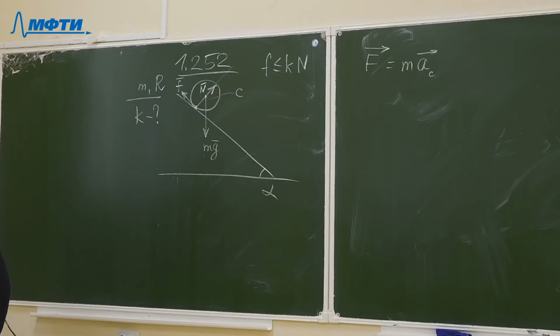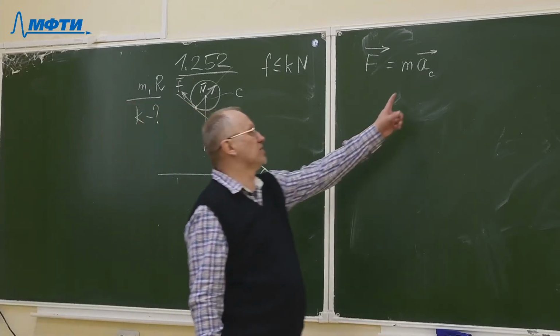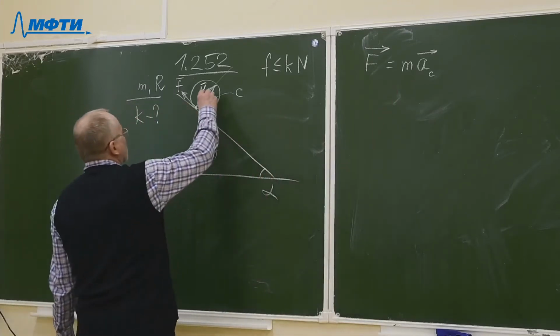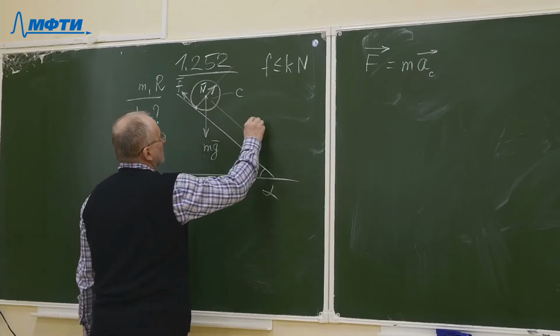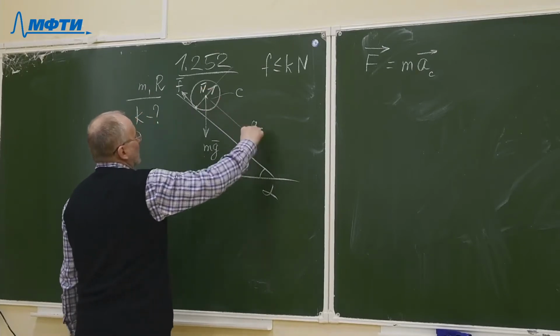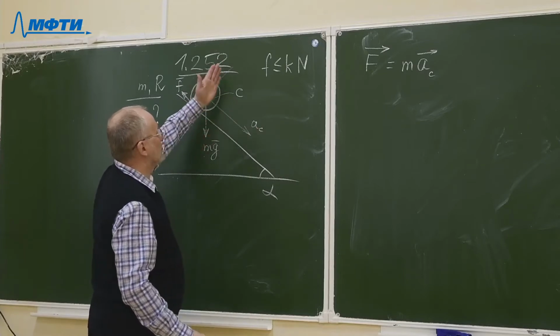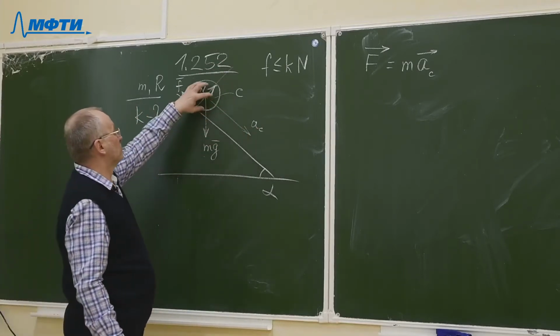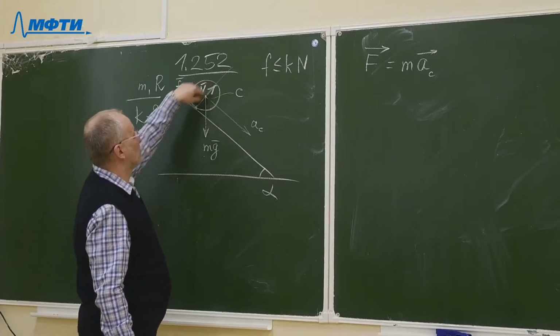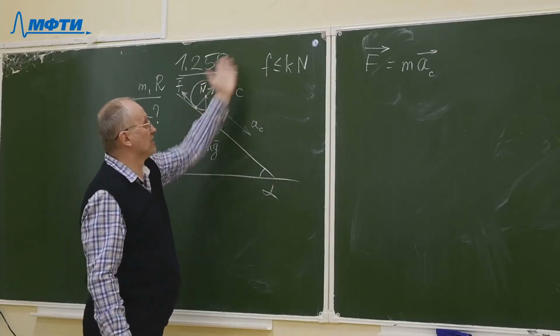Also, something important is known here. It's known that the acceleration of the center of mass is certainly directed along the surface. It's parallel to the surface. It cannot be directed at any other angle. It must be parallel to the surface, because the ball is unable to jump from the surface and fly into the air.